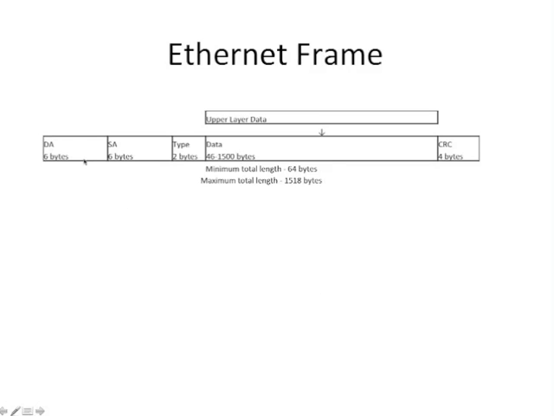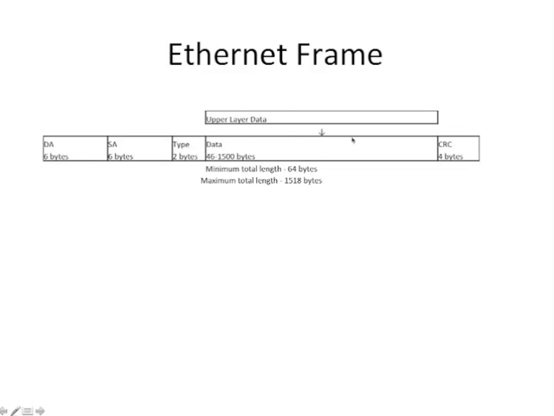As I mentioned, MAC addresses are what we use at layer 2. This is what the frame looks like. The first field, 6 bytes, 48 bits, is the destination address. The source address comes next. The third field is the type field. The type field indicates what type of data is actually being carried in this frame.